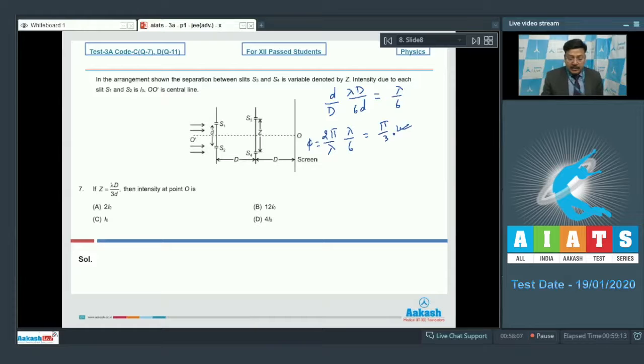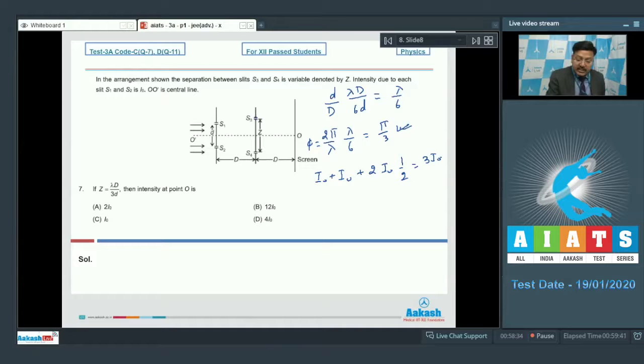Okay, so if the phase difference is pi by 3, then intensity at S3 can be written as I0 plus I0, intensity due to each of the slits, plus 2 times under root I0 into I0, which is going to give us I0, into cos pi by 3, which is 1 by 2. So this is coming out to be 3I0.